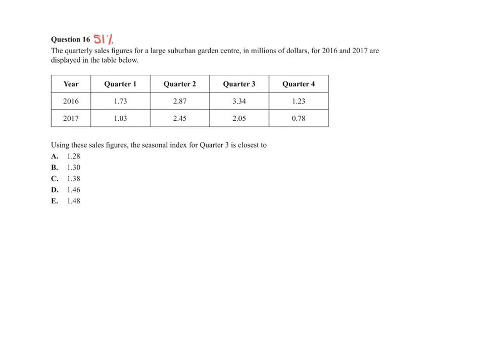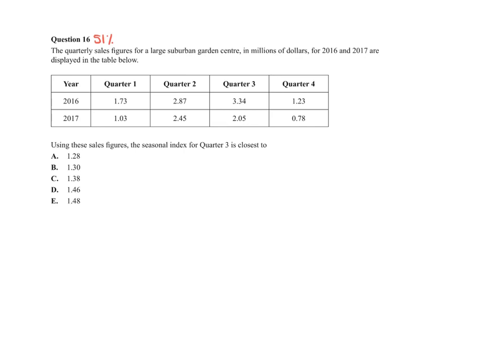Okay, with this next one, you did one of these in your SAC where you had to find the seasonal index over a couple of years. So there's definitely instructions in your notes, and we did one over 3 years. So this one's only 2 years.